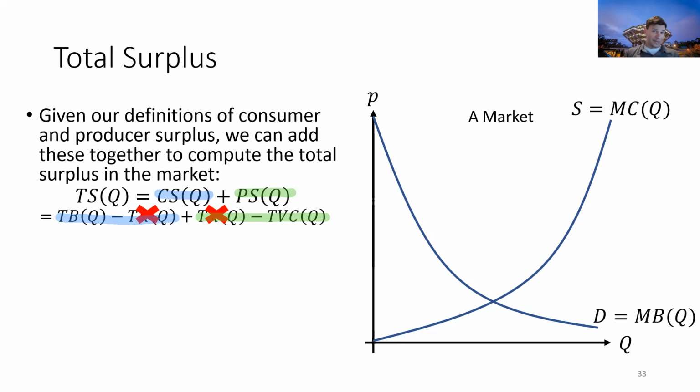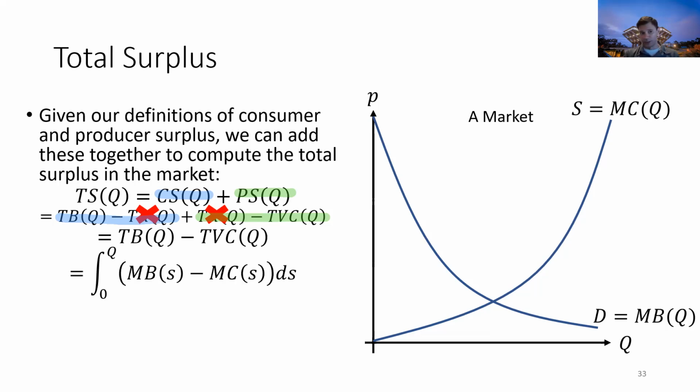And there's an important idea kind of built into this. The only one of these terms where the price shows up is the total revenue terms. And they're gone. So I'm going to argue that the total surplus doesn't really depend on P. Like P might affect which Q you choose, but the total surplus is really a function of the quantity that is traded.